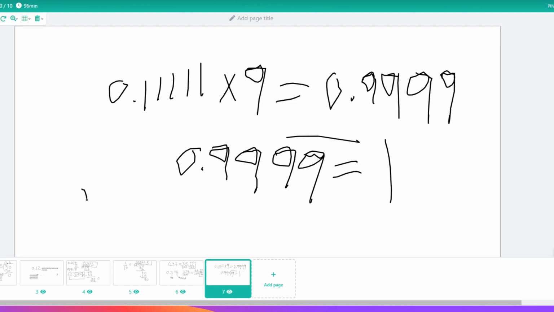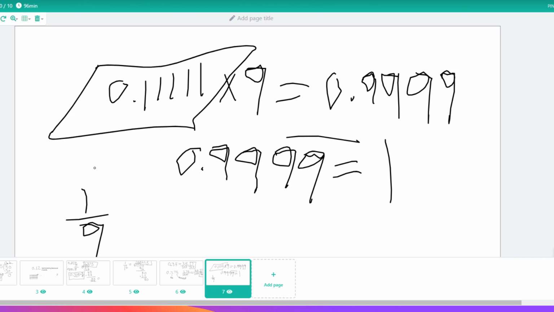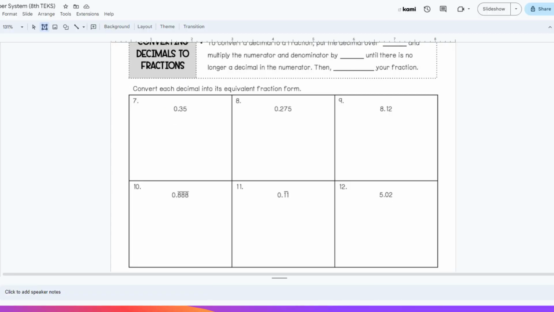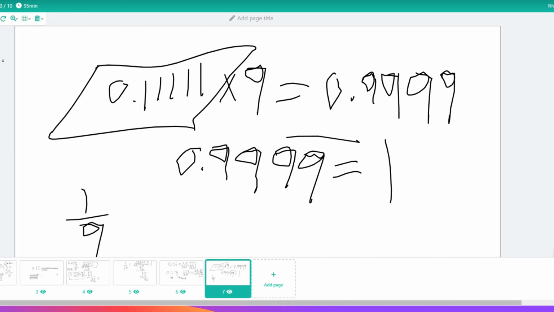And so this thing is 1 over 9, this original thing. So I just kind of gave away 11 and 10, but I'll let you guys figure that out on your own.